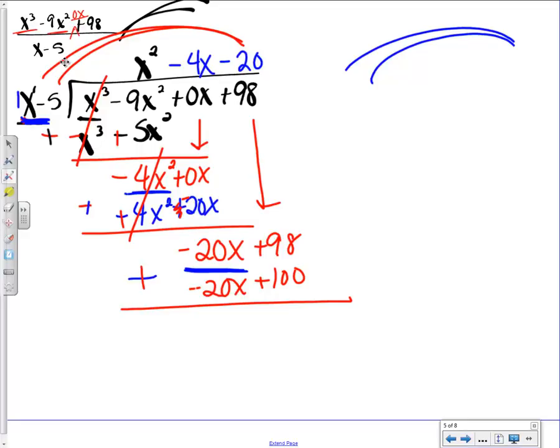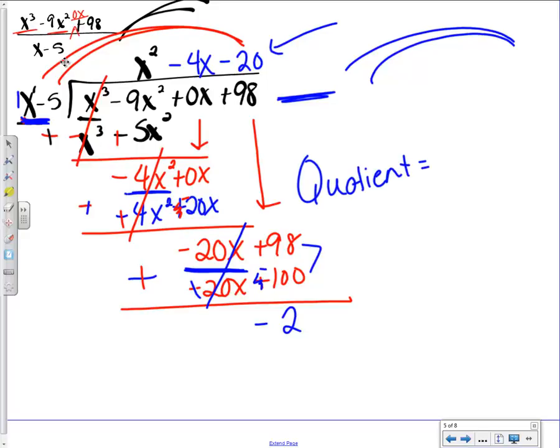I'm going to change it to addition and change the signs of both pieces inside. These two signs are different. Subtract and take the sign of the bigger number, and these two cancel. There is nothing else for me to bring down. So on top is my quotient, and my remainder is negative 2.